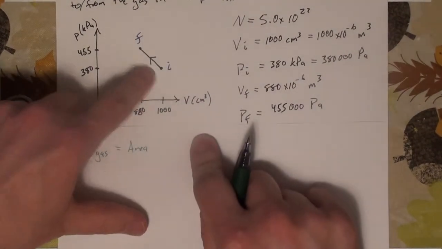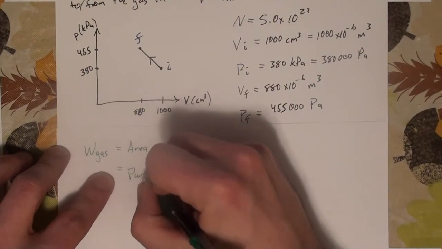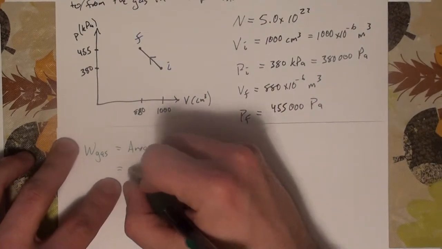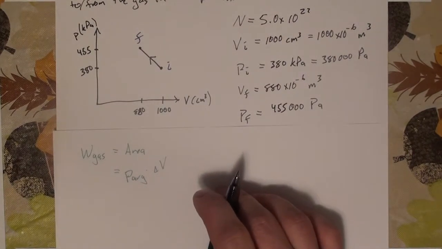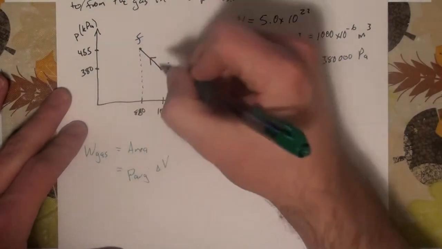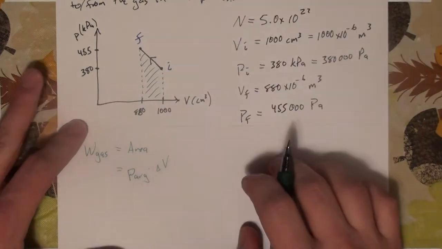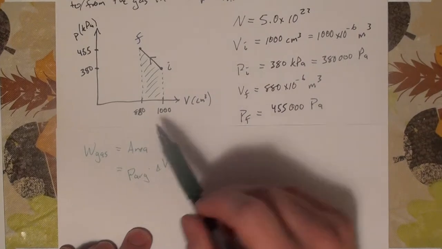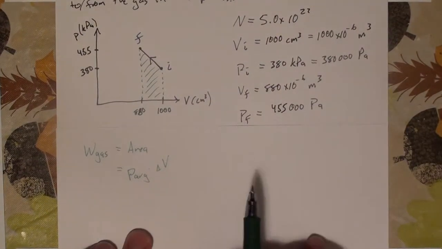And if it's a straight line, we can simply say P average times delta V. You can argue that to yourself if you need to. So again, we can sketch out the area we're looking for. It's this little trapezoid. The area of a trapezoid is the average of the bases times the height. That works out to be the same expression as this.